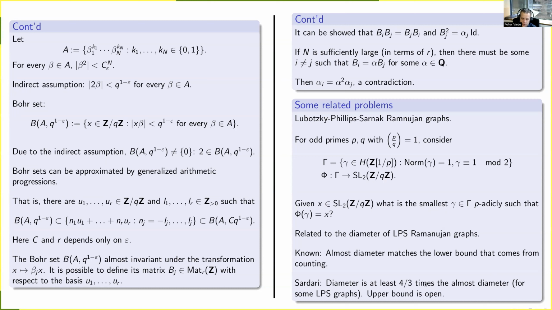Now, this 4/3 is the same 4/3 that appears between the ratio of the worst case lifting for the problem that I was talking about and the 99% average case. So perhaps it's not unreasonable to expect that this 4/3 would be the truth, but the matching upper bound is still open.